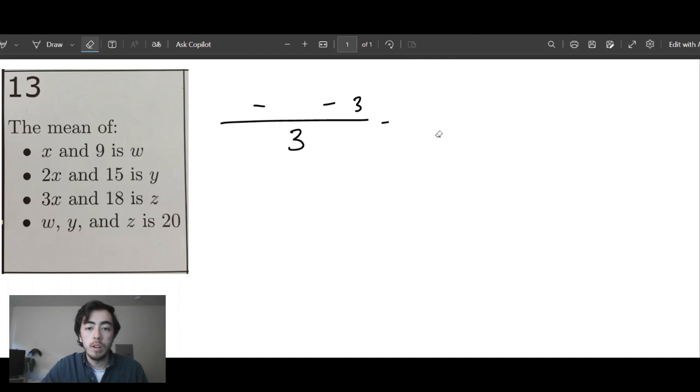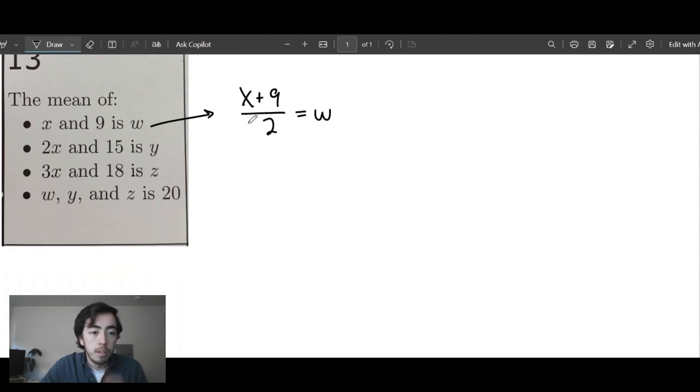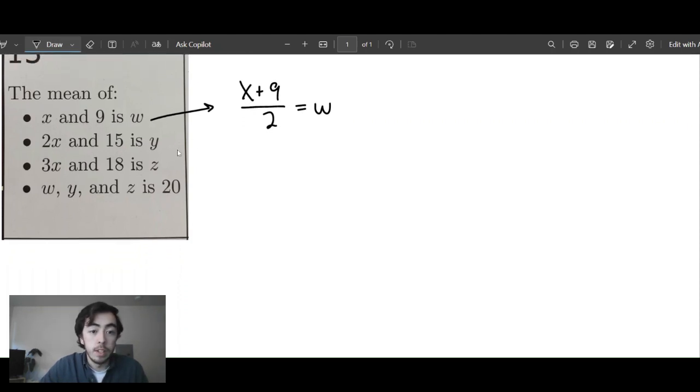So let's start to do a little bit of that math with these variables instead. The mean of x and 9 is w. So that means x plus 9 divided by 2 is w. And then the mean of 2x and 15 is y. So I know that 2x plus 15 over 2 is equal to y.